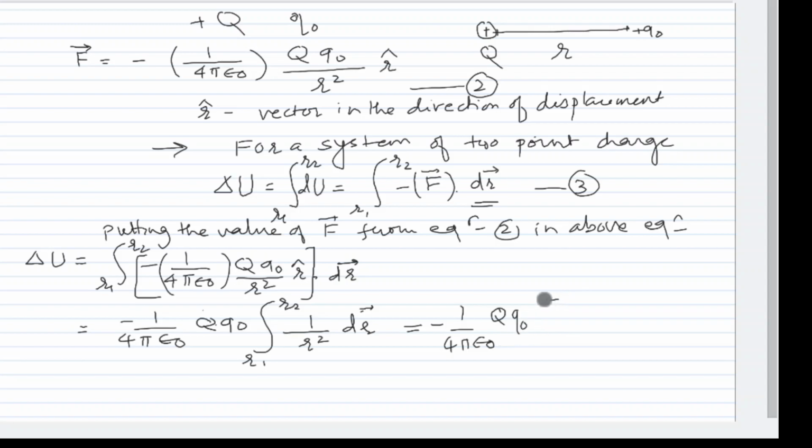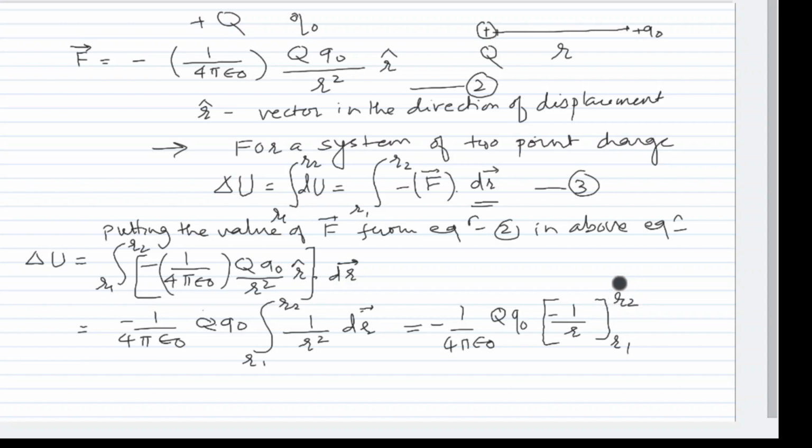And now we are solving this integration: the integral of 1 upon r square into dr equals minus 1 by r, and we will put the upper and lower limits, r1 to r2.